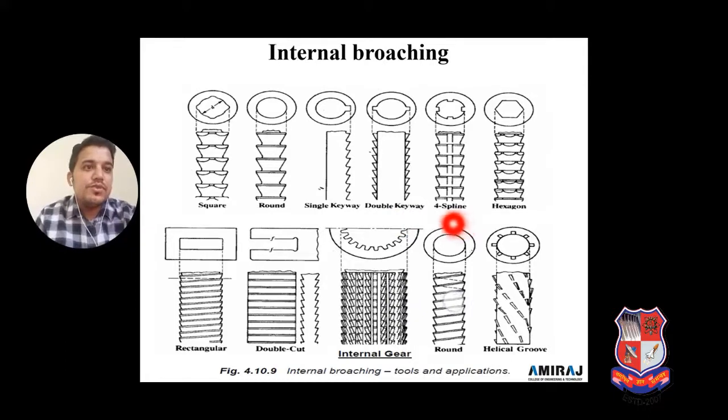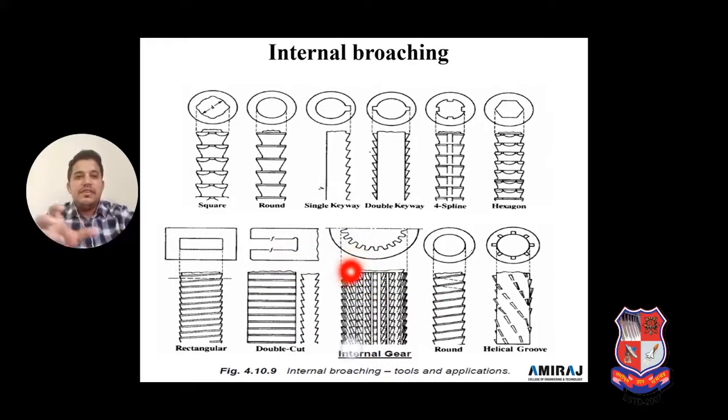This has 4 splines, you can observe here properly in the cross section area, and this is the hexagon. So all these kinds of uneven shapes, if we want to make internally in a hole, then we can utilize internal broaching. You can observe here rectangulars are there, double cuts are there, inner side double cuts are there, then internal gear.